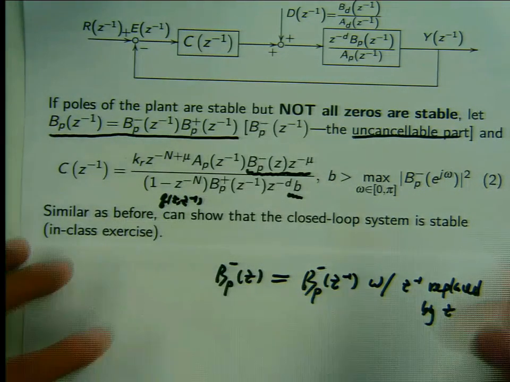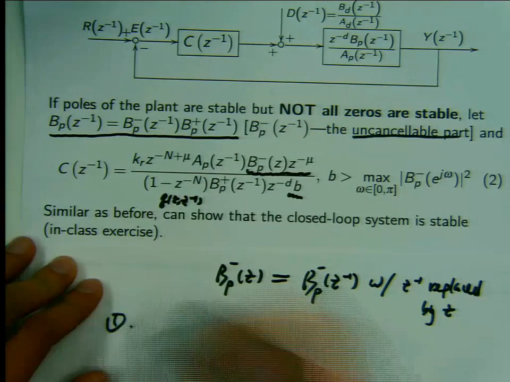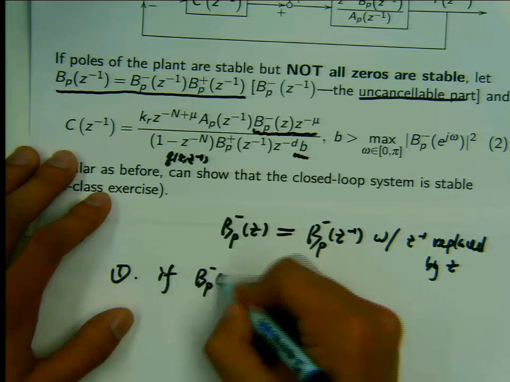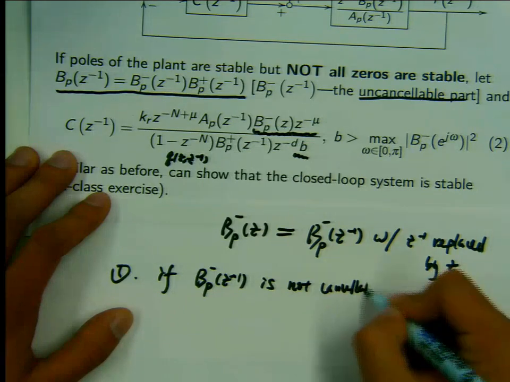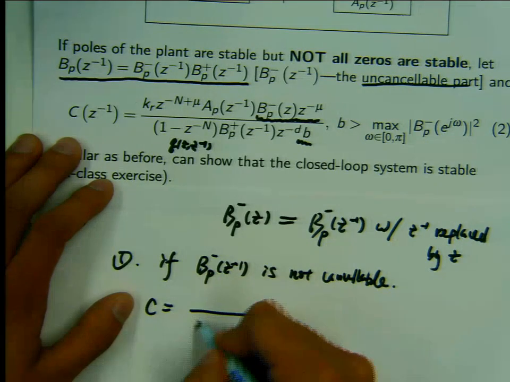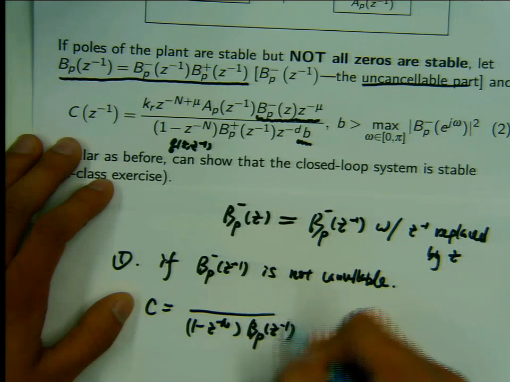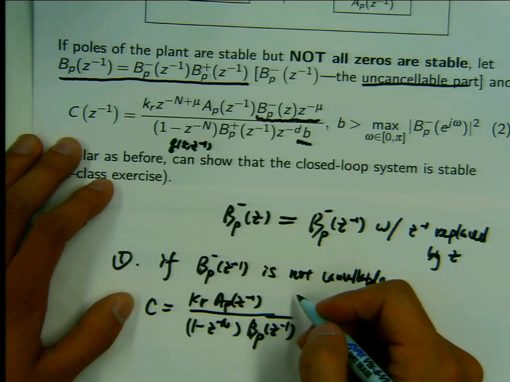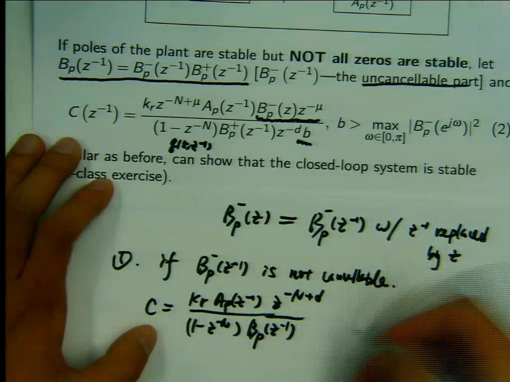First thing is, if not all zeros are stable, so two questions, perhaps. Question one, if BP minus inverse is not cancelable, show this design, show C equal, the original design essentially, BP KR AP z negative n plus d, show that this is not stabilizing the loop.